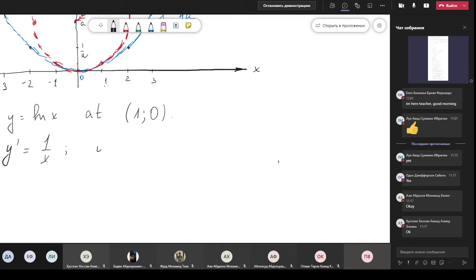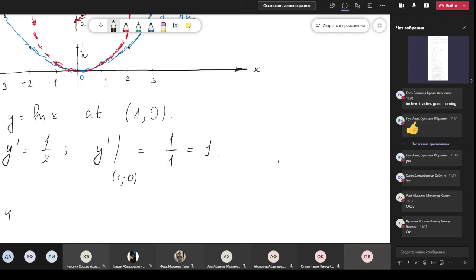Y prime at the point 1, 0 means x is 1, y is 0: 1 over 1 is 1.